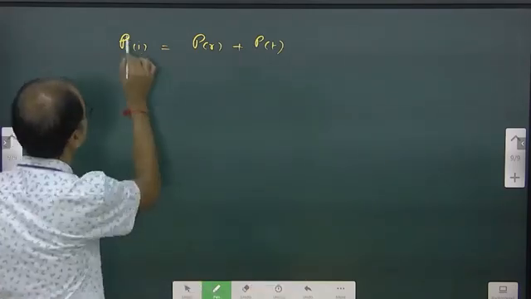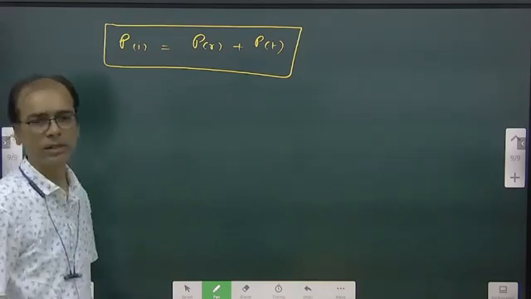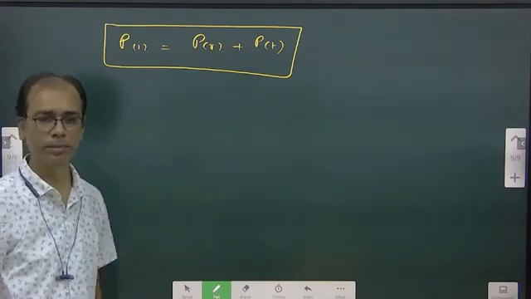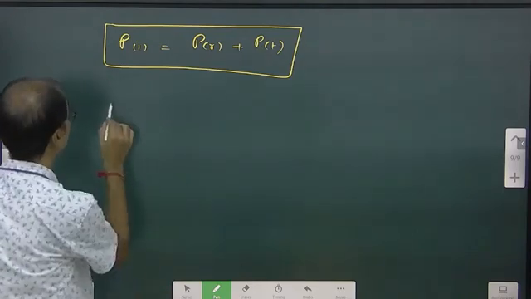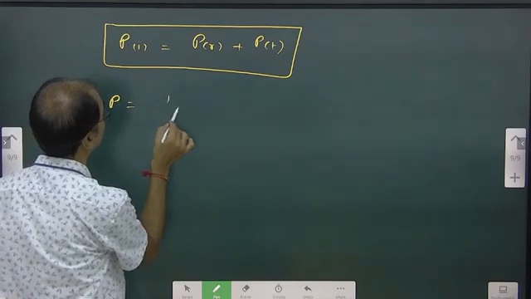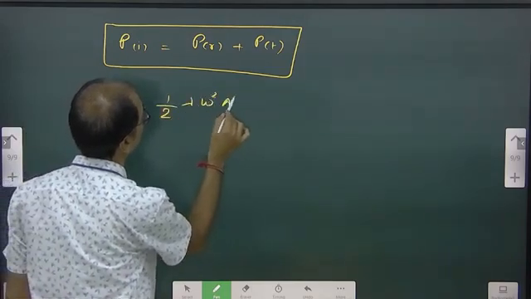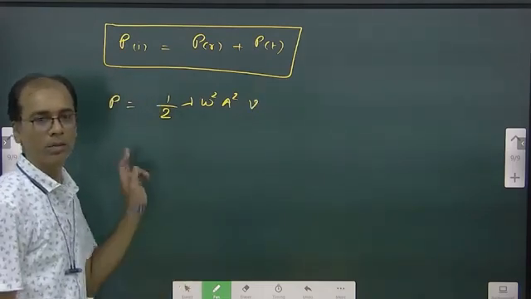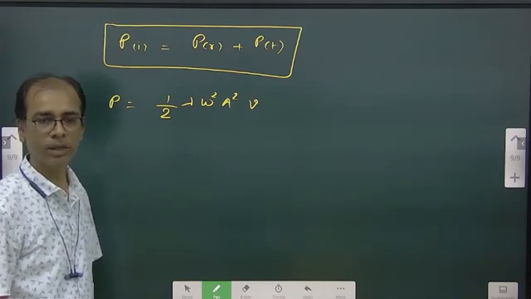This relation is valid if we consider that there is no power loss, then Pi equal to Pr plus Pt. Remember that. And what is power formula? Already I told you. 1 by 2 lambda omega square A square velocity. Clear?